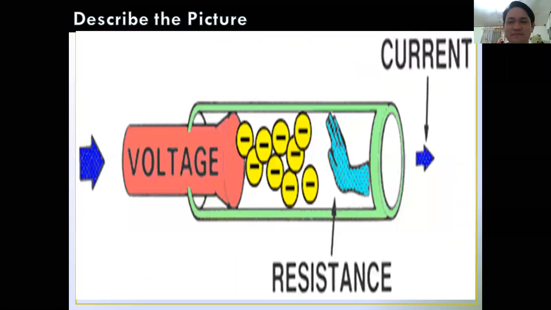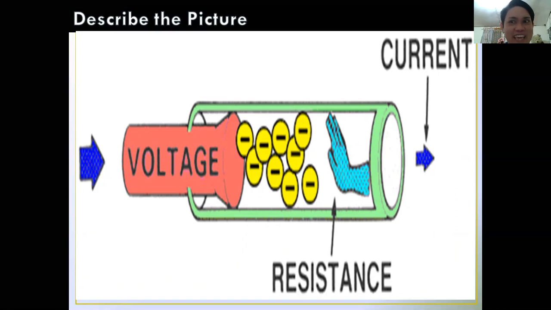Next, another picture related to the previous one. This shows a voltage that is trying to push the electrons to move in the circuit. And what happened to the hand? There is a hand that will stop, resist, or even limit the flow of the electrons.